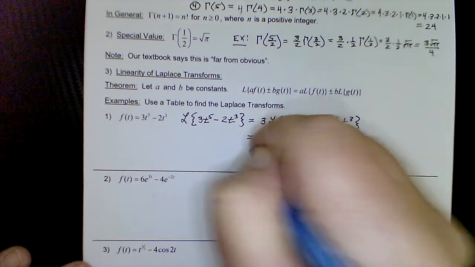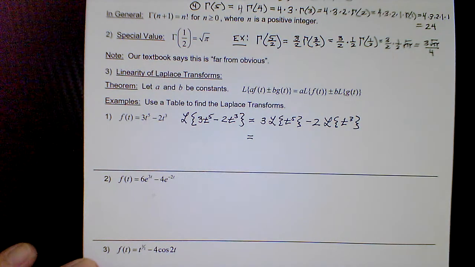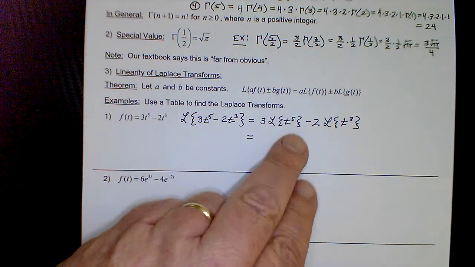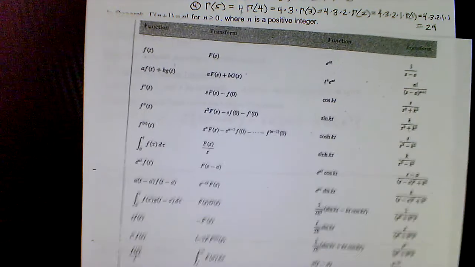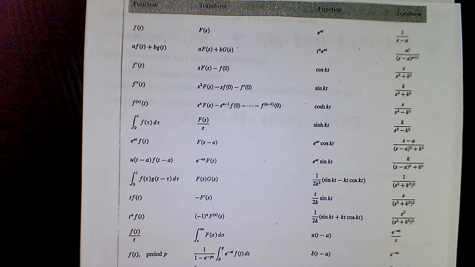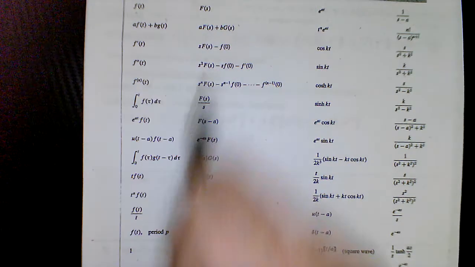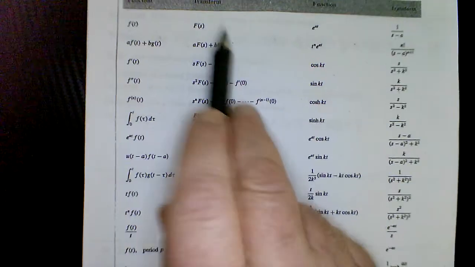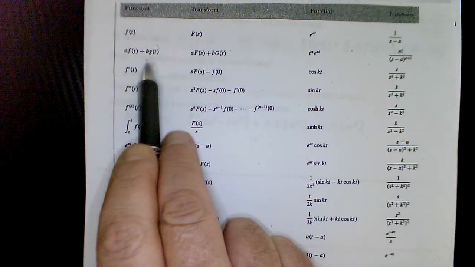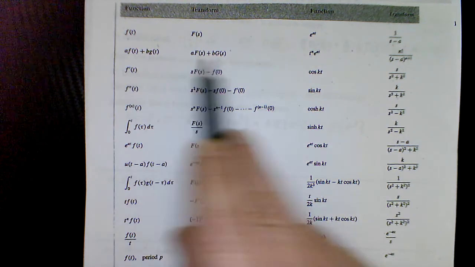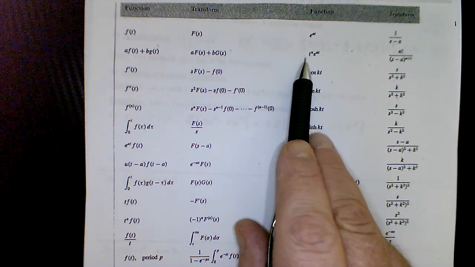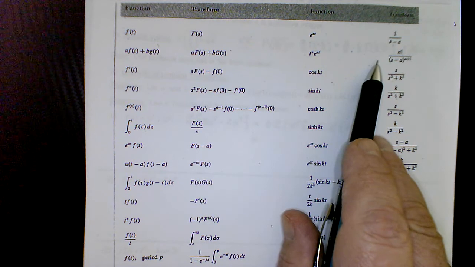Okay, and then at that point we can go to our table, and we're looking for t to a power, so for both cases. And if we look amongst the list, there's 2 columns here with their corresponding transforms. So you can see this first set, here's the function, here's its transform, and then this column, here's the function, here's its transform.